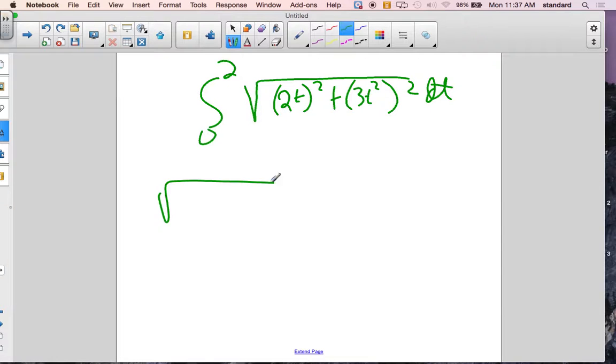The square root of x squared plus y squared is not equal to x plus y. That'd be a very difficult integral to take, unless you were lucky enough for something to come out of the square root and maybe substitution would work, but it'd be highly unusual.